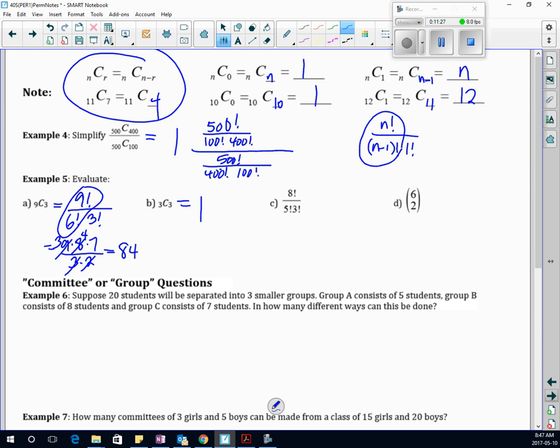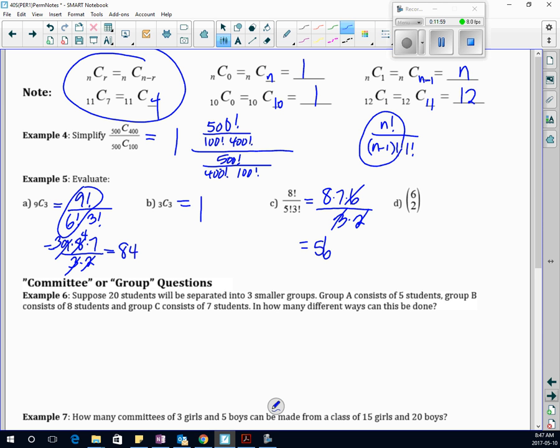Okay, 8 factorial over 5 factorial, 3 factorial. What would that be? So that would be 8 times 7 times 6, and then the 5, 4, 3, 2, 1 would cancel. And then the 3 factorial would be 3 times 2, which is 6, so cancel the 6. So we get 56. Okay, how about 6C2 like that?